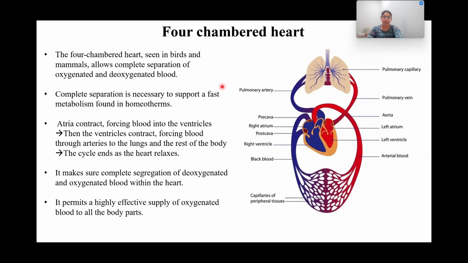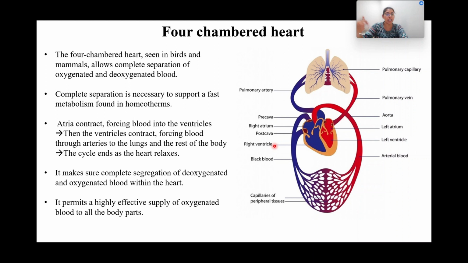Now, we saw that arteries mainly refer to oxygenated blood, meaning that it is being carried to the body, and veins carry the deoxygenated blood from the body to the heart. But for the movement between the lung and the heart, you have the opposite.